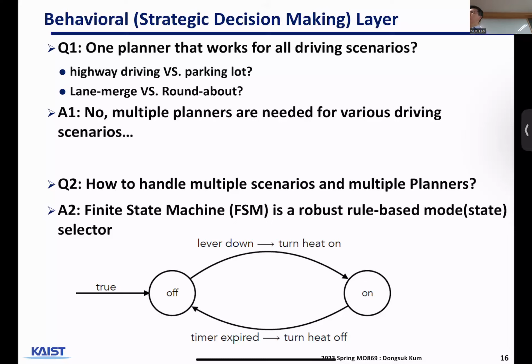So there are these trade-offs, and you might want to think about this when it comes to designing a motion planner and architecture.